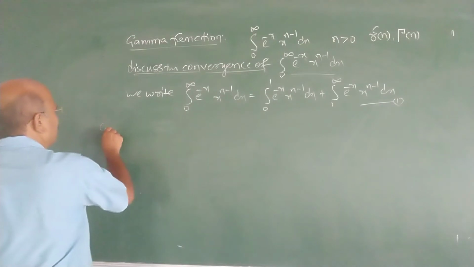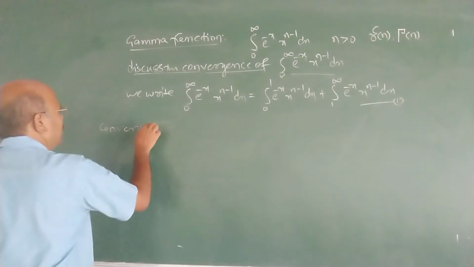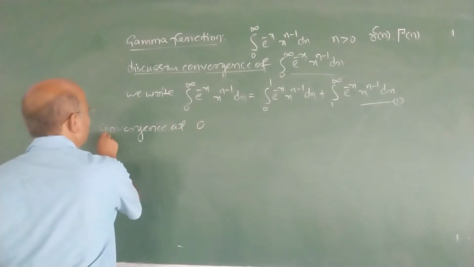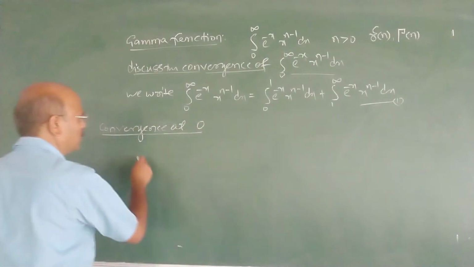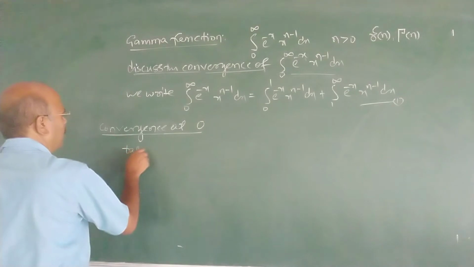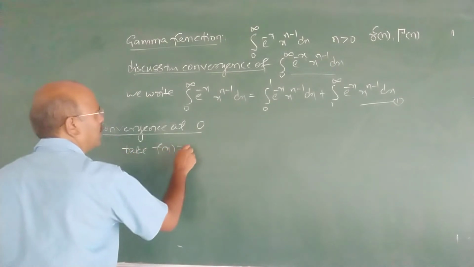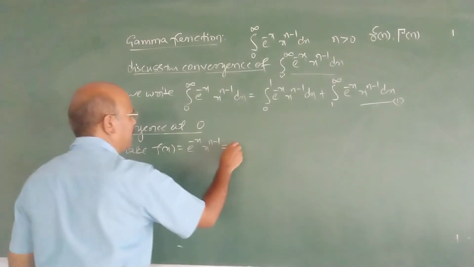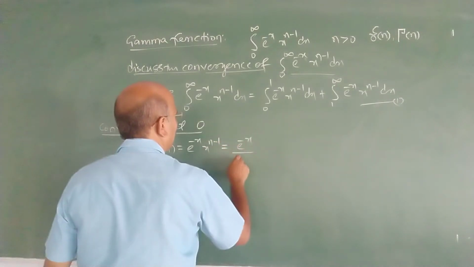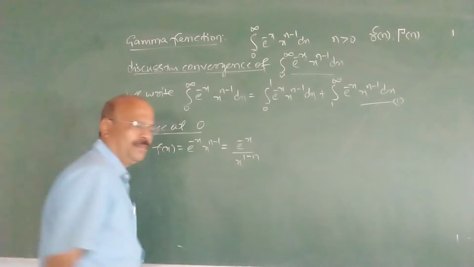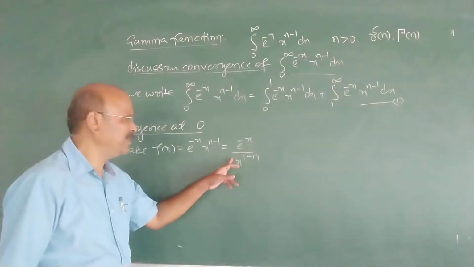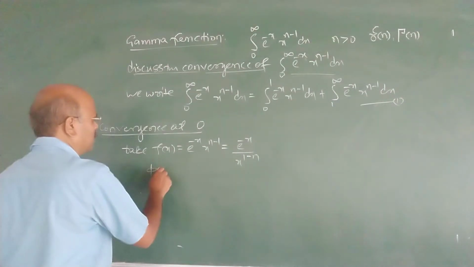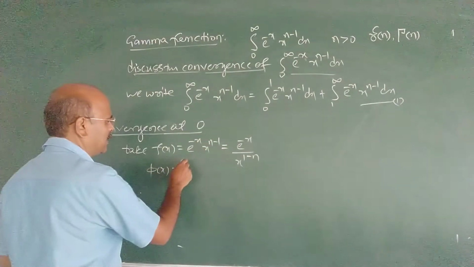Now we consider convergence at 0. Take f(x) as e raised to minus x, x raised to n minus 1, and we write this as e raised to minus x upon x raised to 1 minus n. Some rearrangement. And phi(x), we apply the comparison test here.